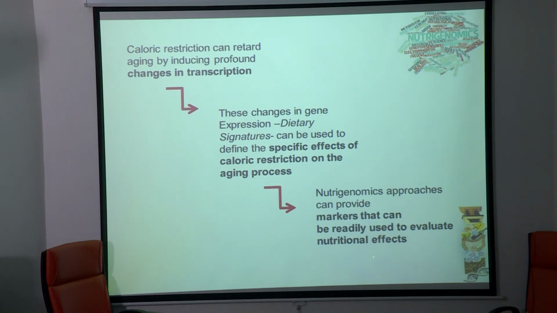So those signatures need to be trapped as per the kind of factor. Like here we are taking age into consideration, calorie restriction into consideration. So you can group them as dietary signatures for less calorie and increase of age, and you can use them as markers and evaluate the nutritional effects, right?